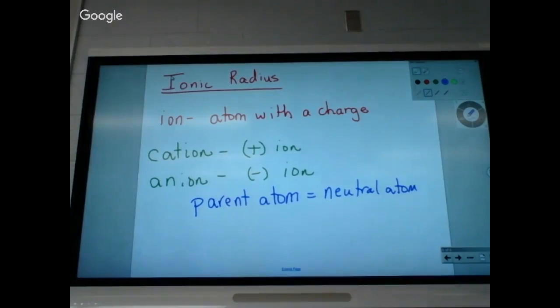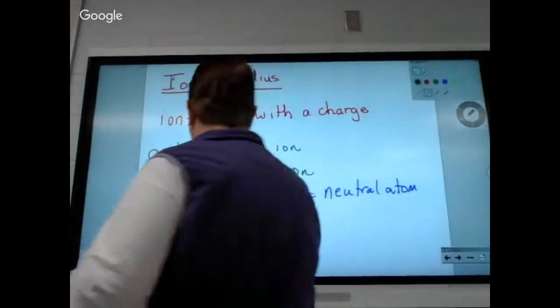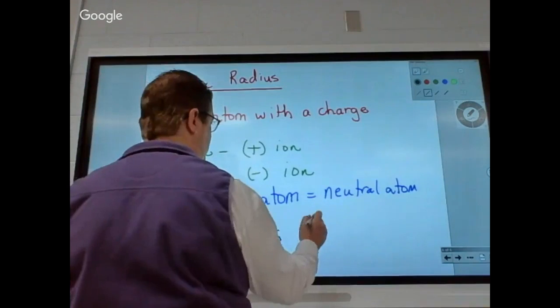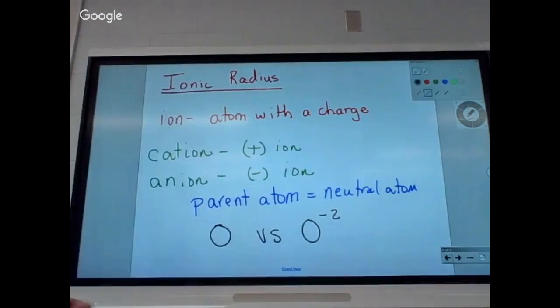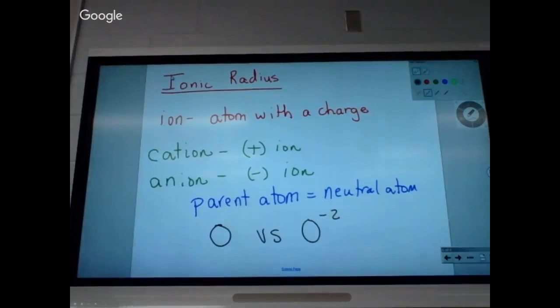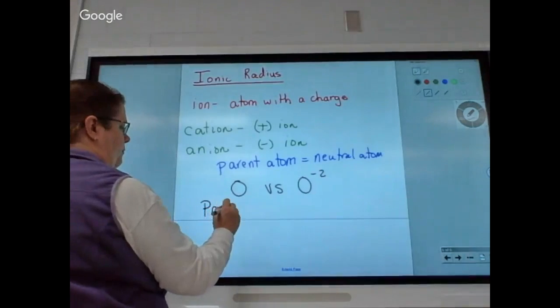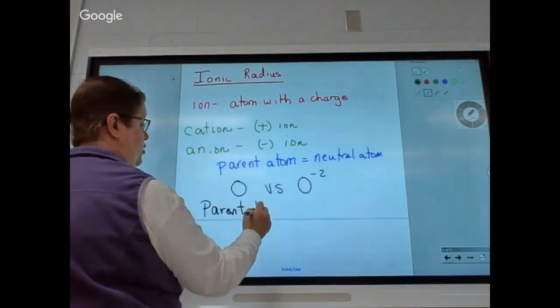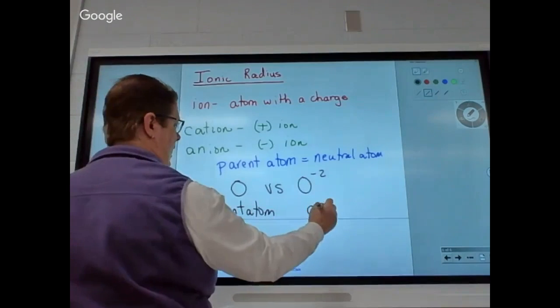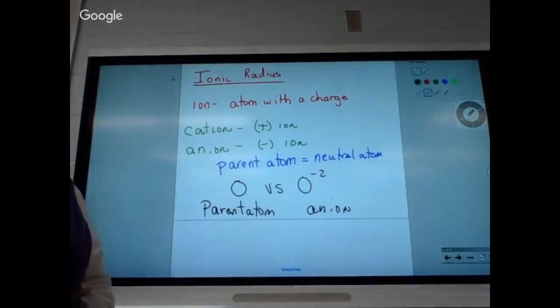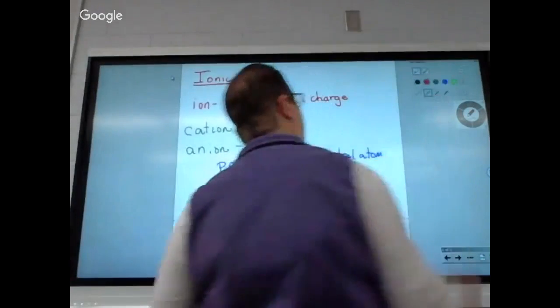Because you might be asked to compare oxygen versus oxygen with a -2 and decide who's larger. This would be considered the parent atom, because it's neutral, and this would be the anion, because it got the -2. Is everybody okay with that verbiage? Okay. So, who would be bigger?